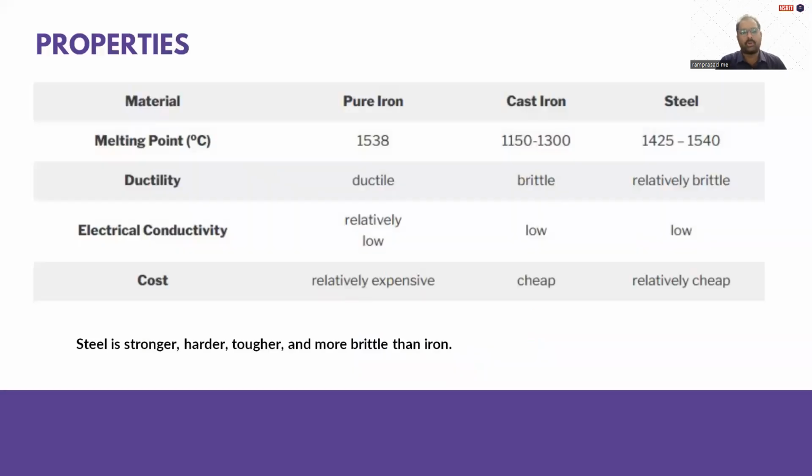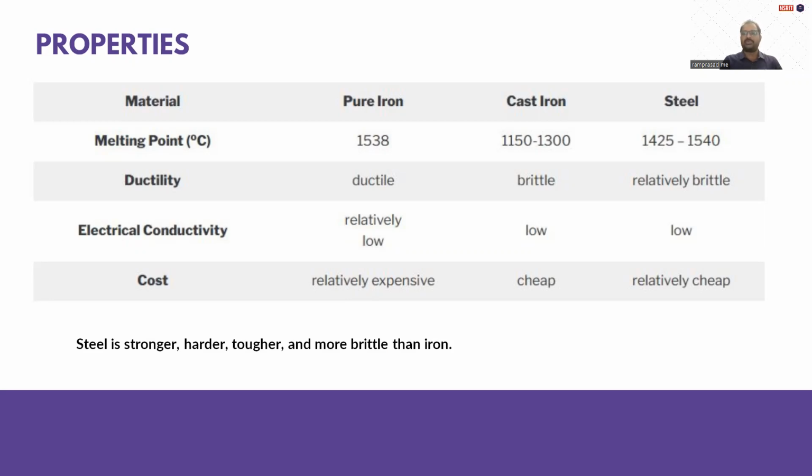And moreover, we have to learn the properties of metals or materials. Whenever we know the properties of a material, depending upon our requirement, we can replace materials very easily, so that the cost of production and the cost of time may be decreased. For example, consider pure iron.